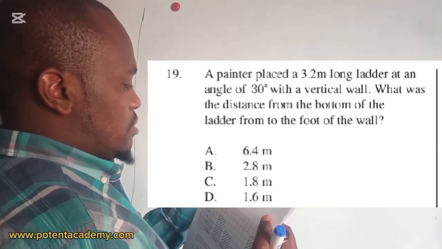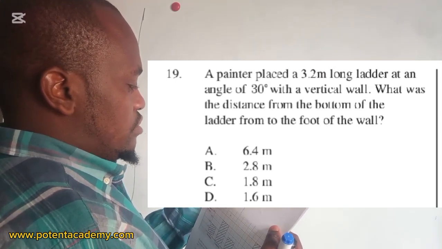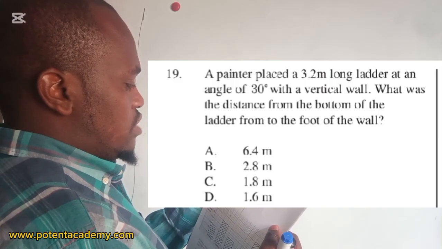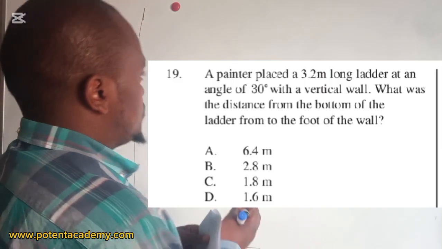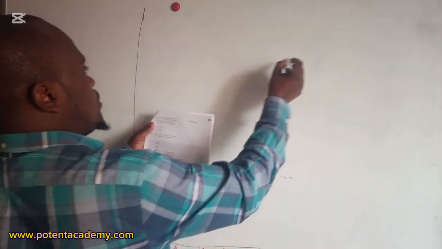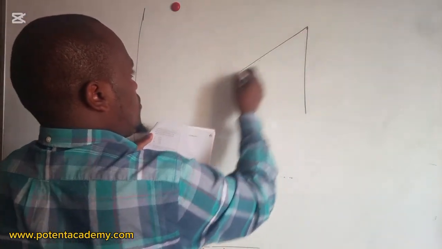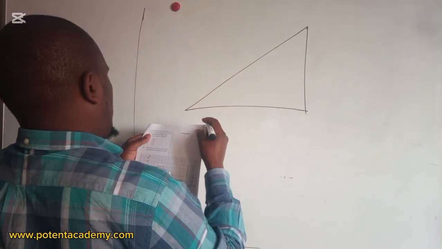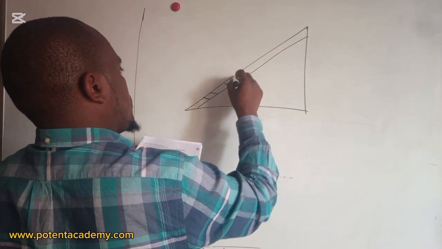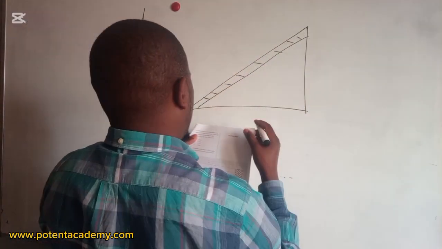What was the distance from the bottom of the ladder to the foot of the wall? So, a painter placed... so this is the ladder.